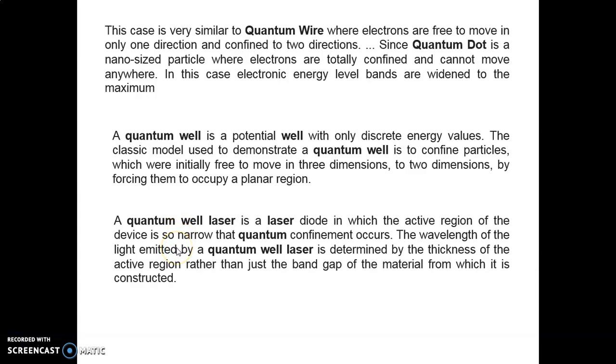Next, a quantum well laser is a laser diode in which the active region of the device is so narrow that quantum confinement occurs.